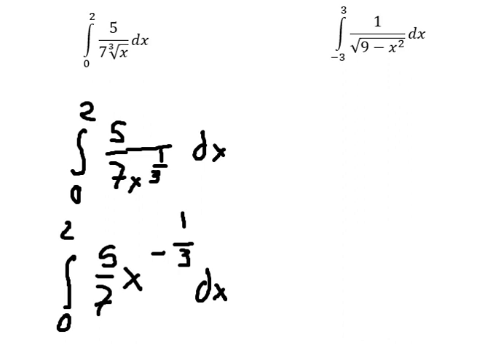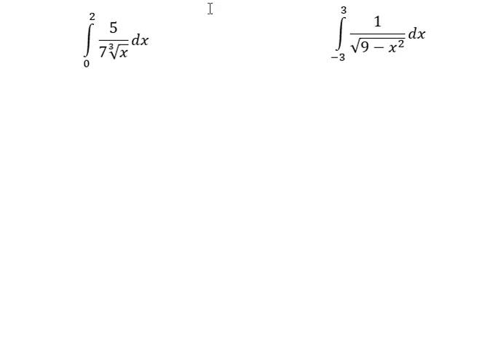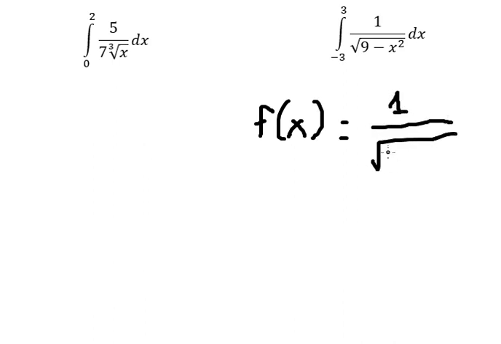Question number 2, we need to consider f of s equals 1 over the square root of 9 minus s squared. We put negative s in here.